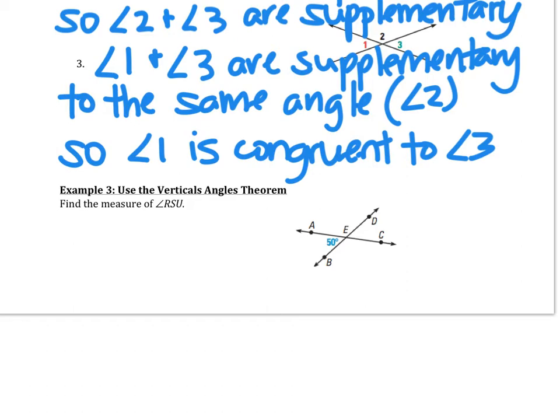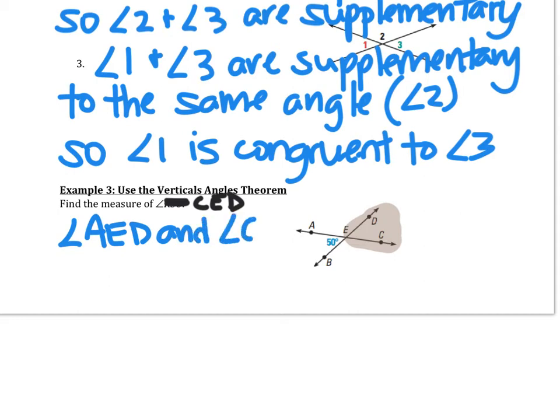Okay, in this one, there is a typo. This should be not RSU, but CED. So I'm trying to find CED right here. I'm going to go through the reasoning here, but I don't expect you to have to write this down every time you solve a problem. I know AD and CED are vertical angles.